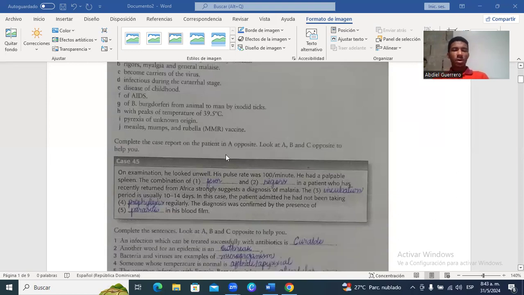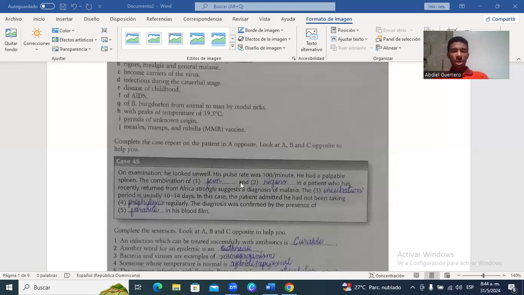Complete the case report of the patient in A opposite. Look at A, B, and C opposite to help. Case 45. On examination, he looked unwell. His pulse rate was 100 per minute. He had a palpable spleen.